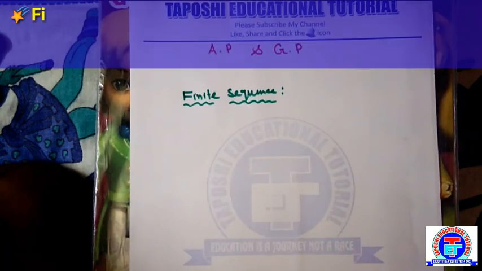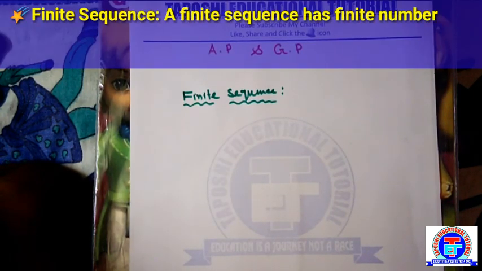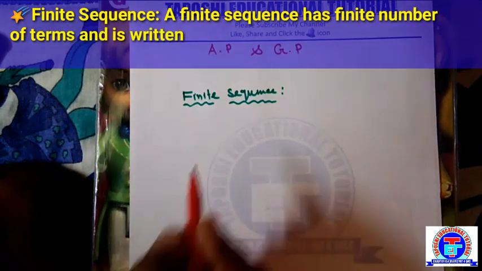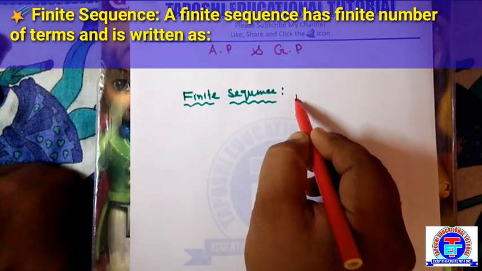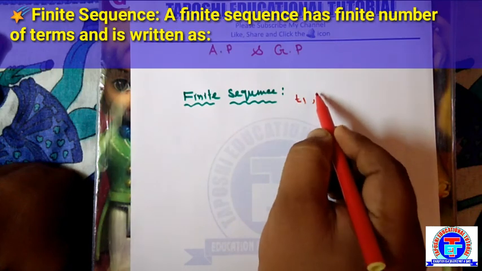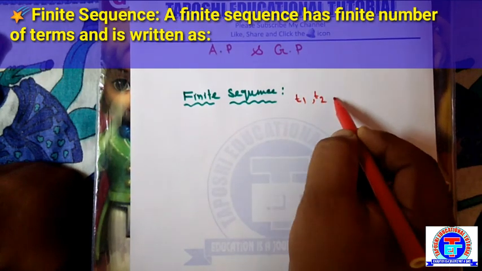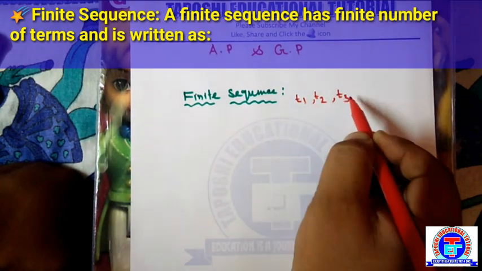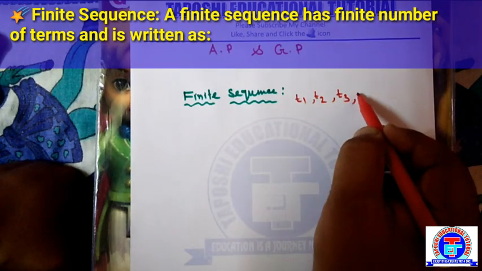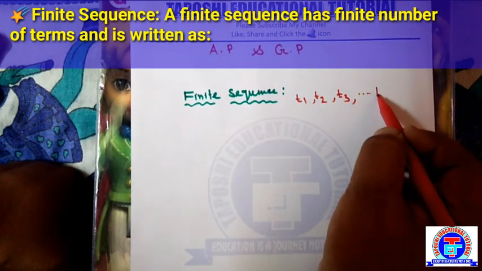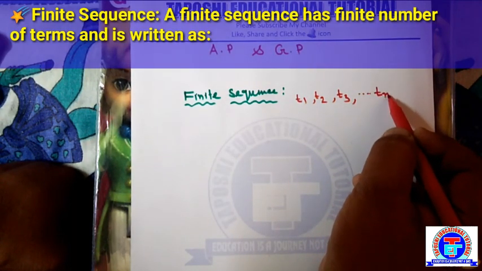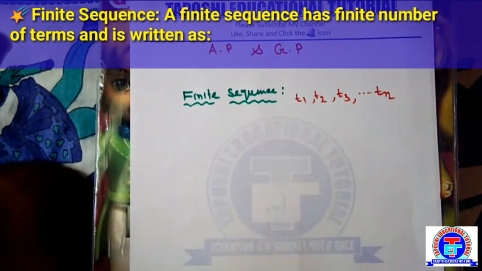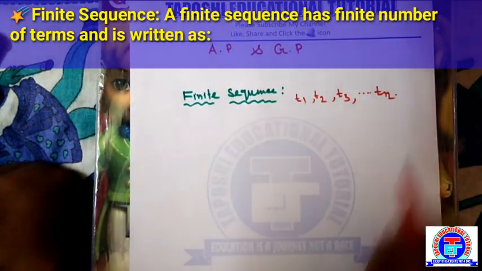A finite sequence has a finite number of terms and is written as T1, T2, T3, and up to Tn.